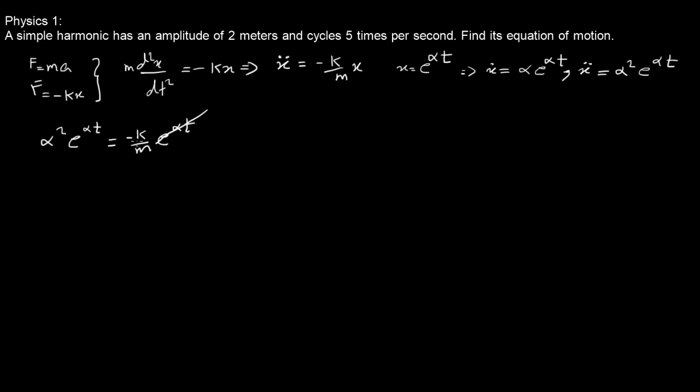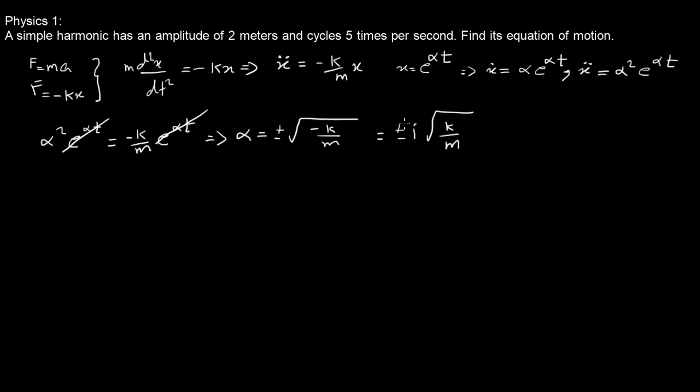Now I can cancel the e to alpha t, therefore alpha is equal to plus minus the square root of minus k over m, which is equal to plus minus i, the imaginary number, square root of k over m.